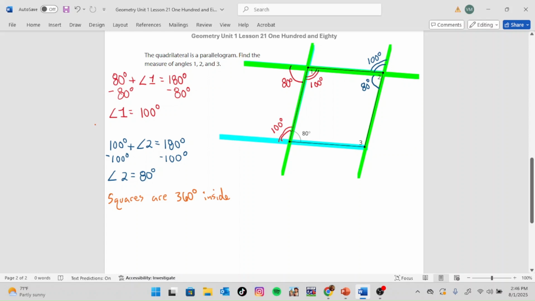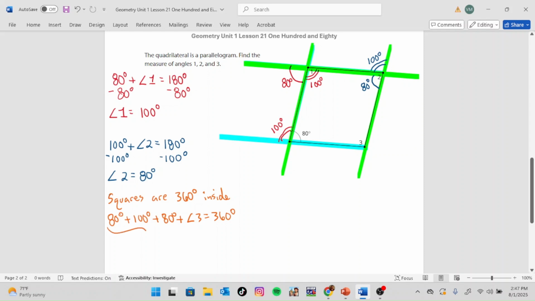So that means I have 80 degrees plus 100 degrees plus 80 degrees plus angle 3 is going to equal 360 degrees.